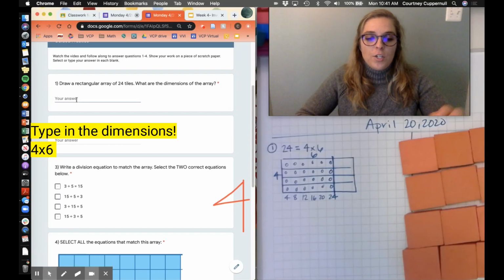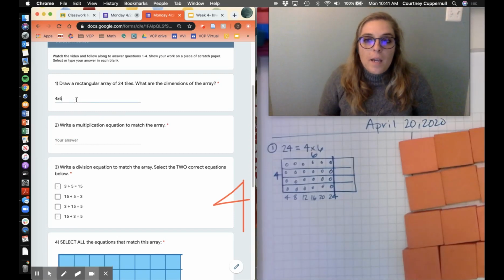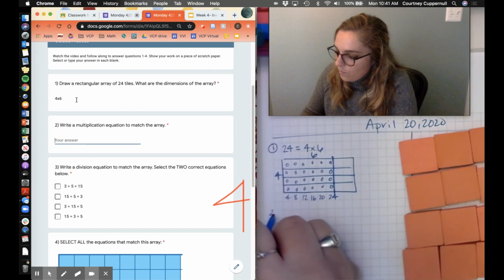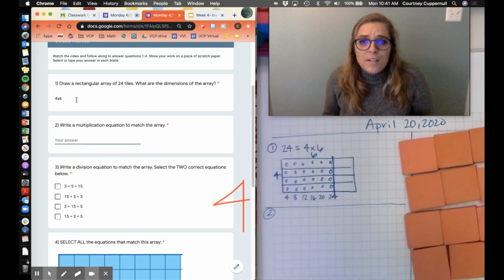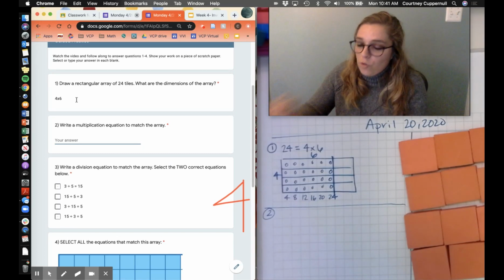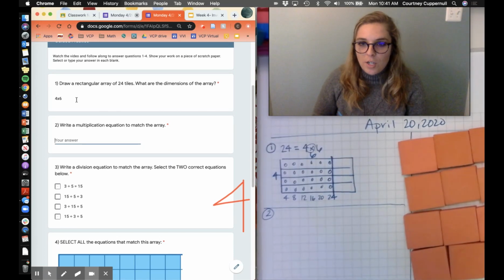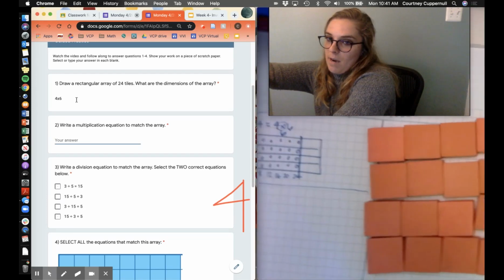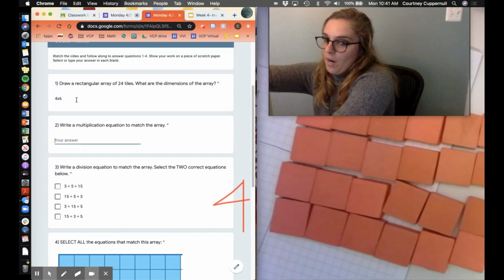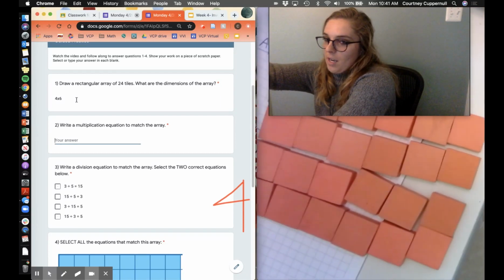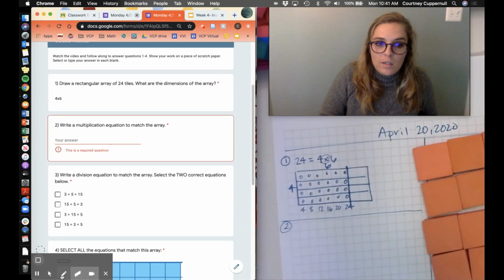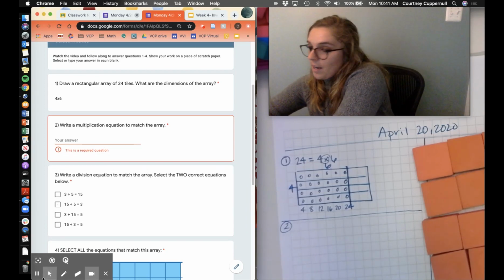After we type in the fact that 4 times 6 equals 24, it tells us to write a multiplication equation to match this array. Well, I know when I write the dimensions to something, I'm already using the groups of symbol, which I know is multiplication, because I'm thinking to myself, all right, when I made my array, which kind of got a little goofed up, when I made my array, bringing it back here, I had those 4 rows and the 6 columns.